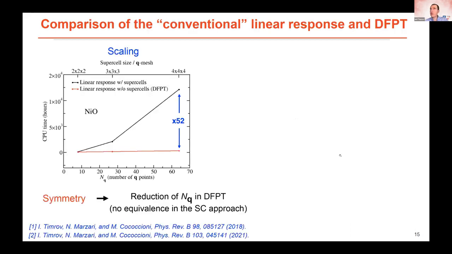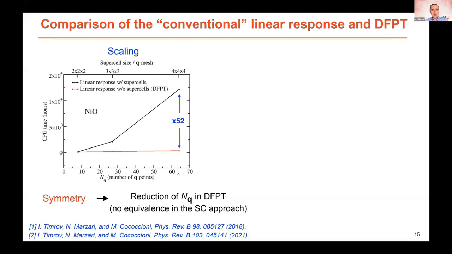Okay, we have 15 minutes more, so let me continue. How does it work in practice? Is the new method really faster than the old one? The answer is yes. Just consider the scaling for nickel oxide. On the y-axis, we have the CPU time in hours.